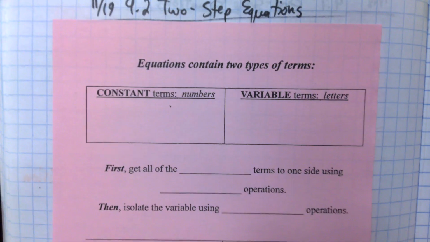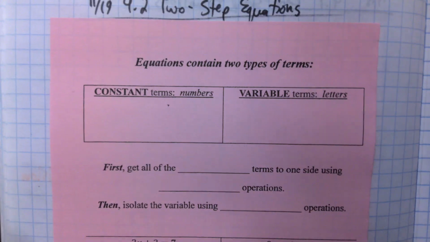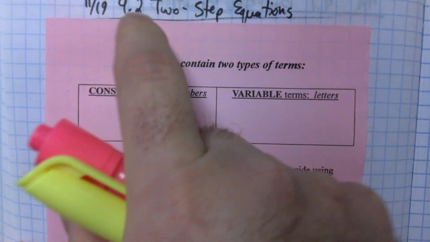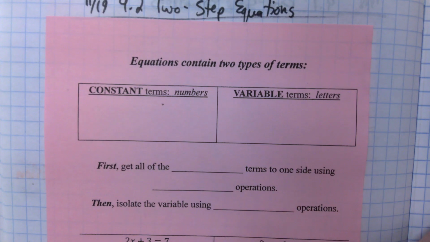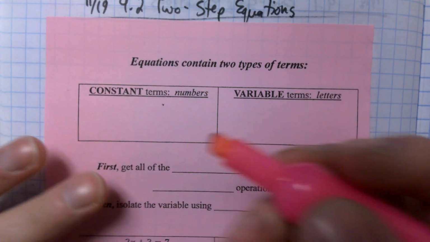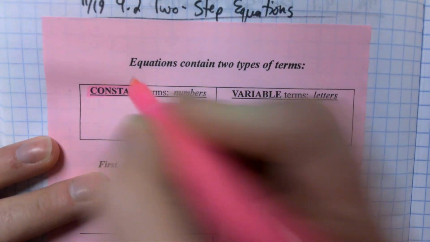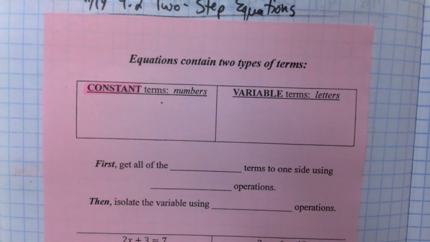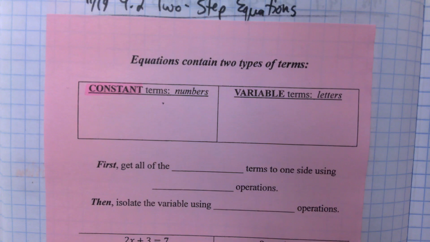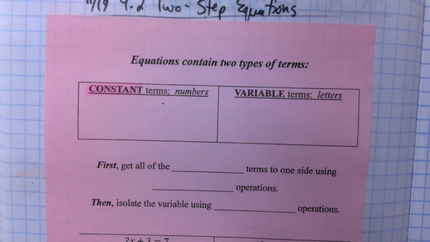I appreciate it. So something we got to start out with is that equations contain two types of terms. The first type of term is called a constant term. We're going to highlight that in pink. A constant term is just a number all by itself.